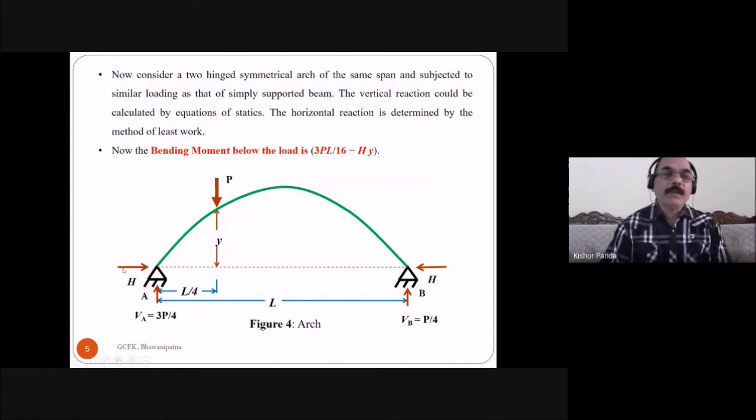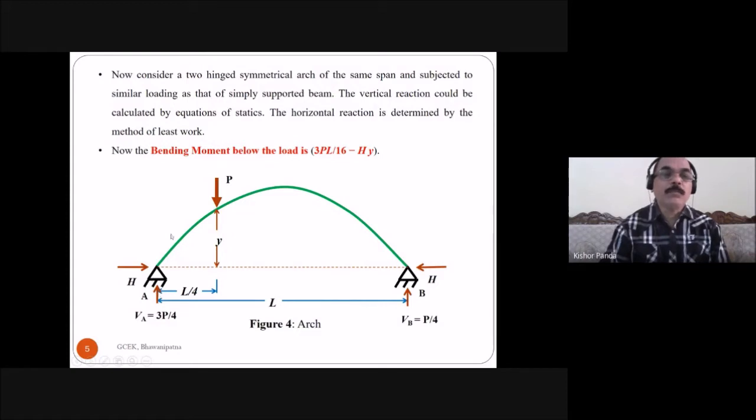But what is the bending moment due to this horizontal reaction? This is equal to H into the perpendicular distance. The perpendicular distance is Y, so H into Y. When we take the moment about this point, due to the vertical reaction it rotates clockwise, and due to the horizontal reaction the moment rotates anti-clockwise.